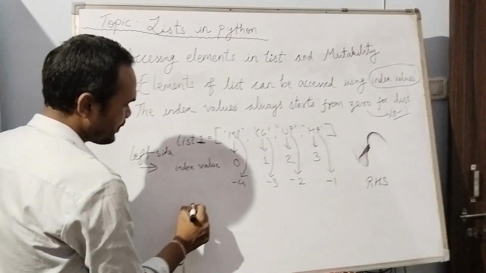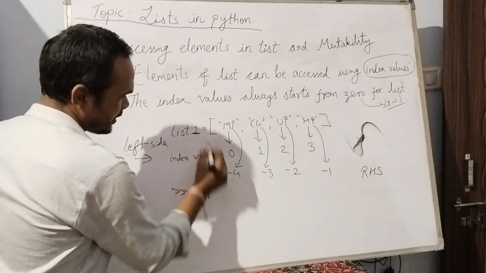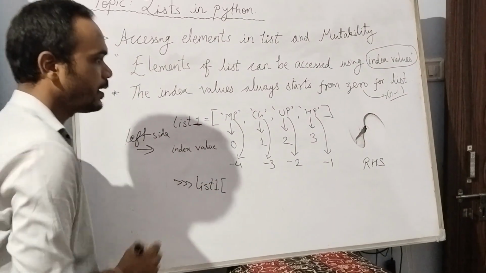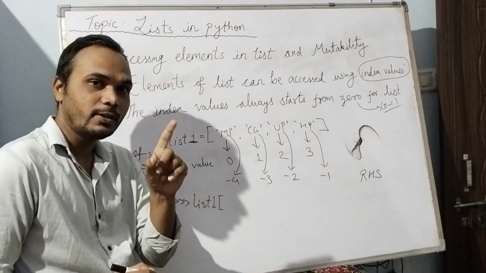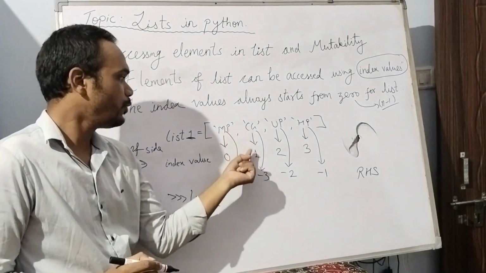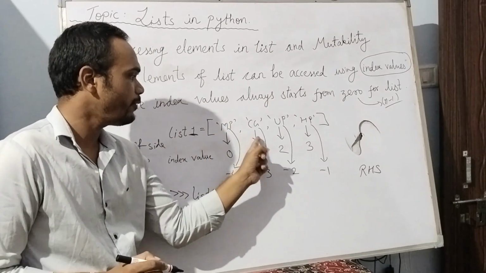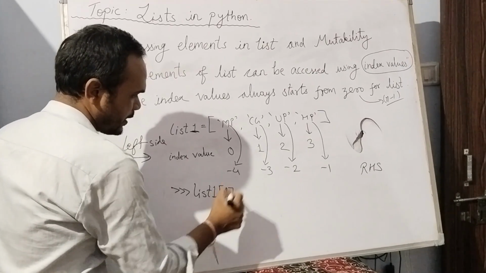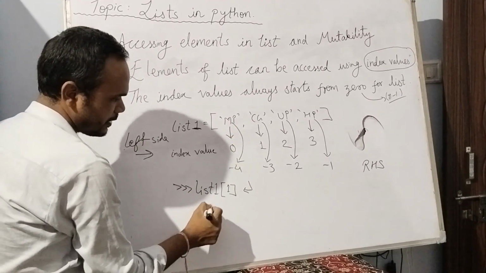Just write list 1, the name of the list, give a square bracket, and then pass the index value of the particular element you want to access. For CG, the index is 1. When you write 1 and press enter, you will get the result CG.